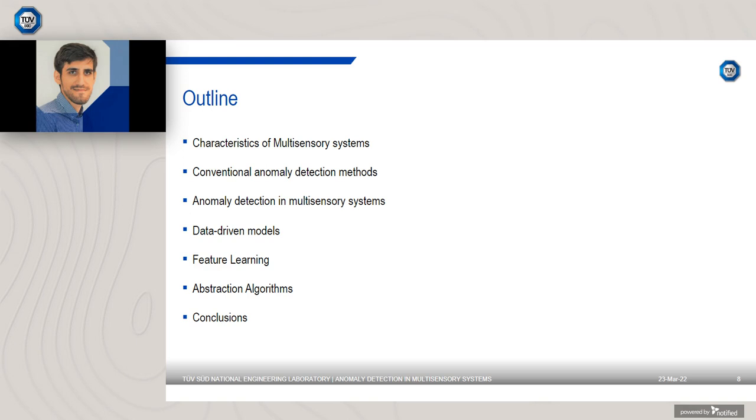We also look at some conventional and also some advanced data-driven modeling techniques to deal with anomaly detection. And we also explain some abstraction algorithms such as recurrence plots, spectrograms, and signature matrices to extract useful information from multisensory data.